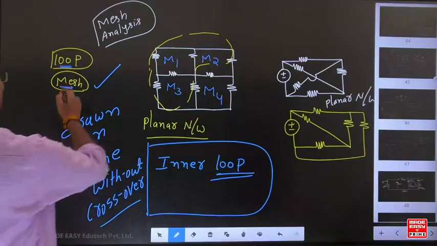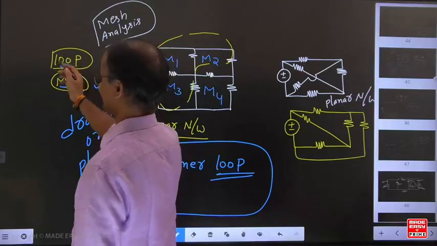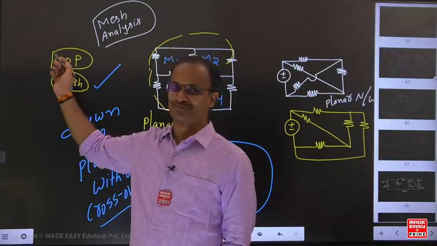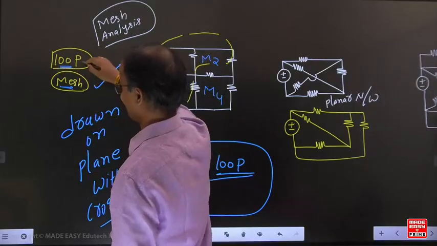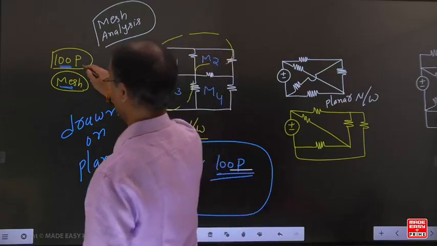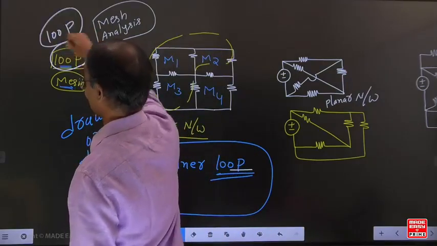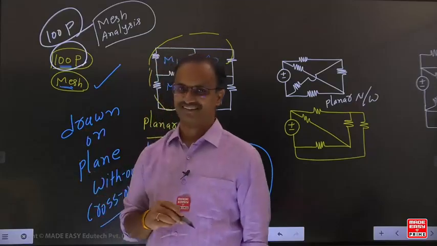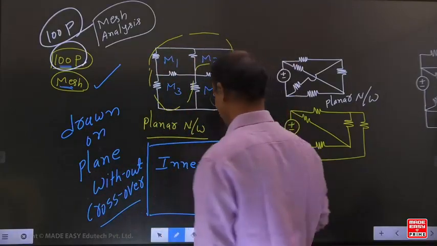Jindal is saying this is a loop. It is a loop, it is not 100p, you are saying 100p. What is 100p? At the start we identify the number of loops. Okay?